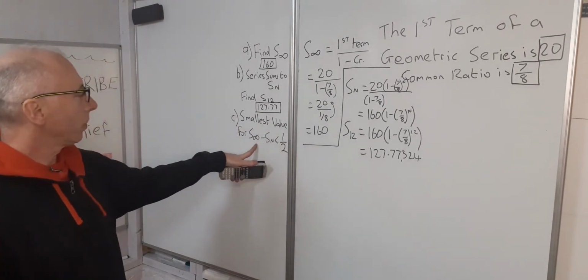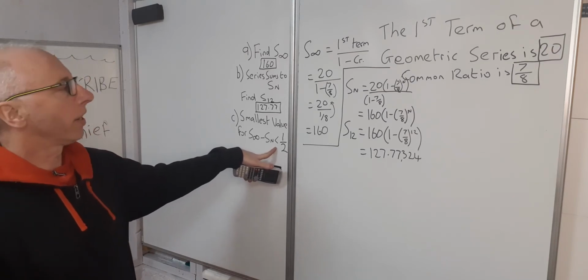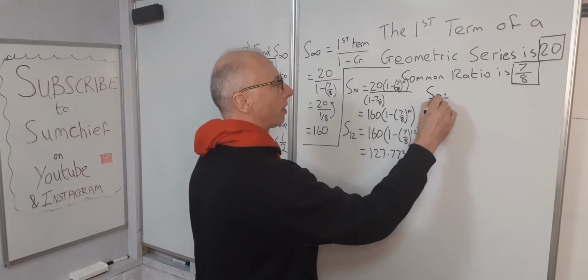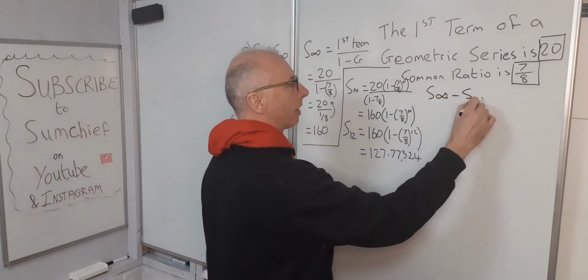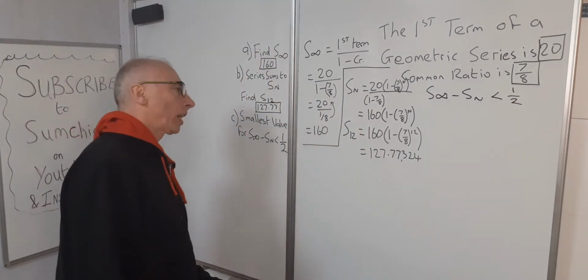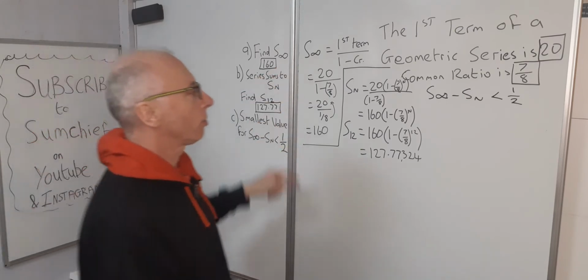Now what we need to do is find S infinity minus Sn when it's less than a half. So let's just write that up here. S infinity minus Sn is less than a half. Well, S infinity, we know this already, that's 160.